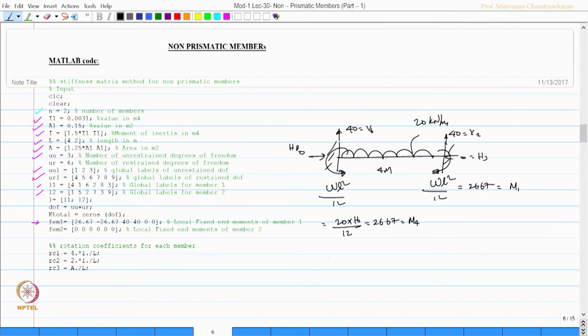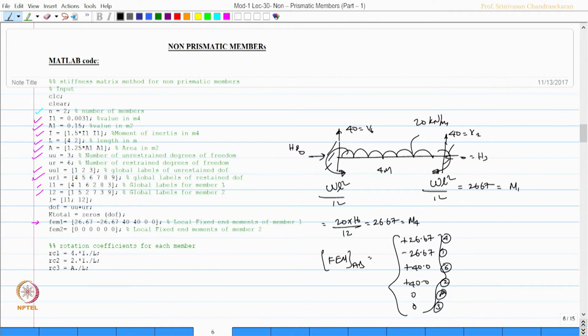So, I can write the fixed end moments of the member AB as plus 26.67, that is anticlockwise, minus 26.67, okay, plus 40, 40, 0 and 0, and the labels will be obviously 4, 1, 6, 2, 8 and 3.